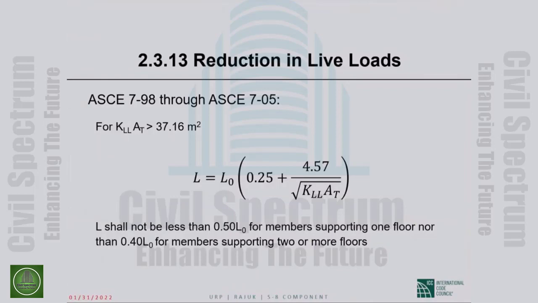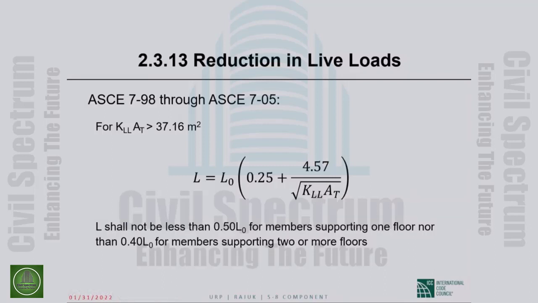So in the next edition, ASCE 7-98, which hasn't changed since, so this is what you have in BNBC, the formula didn't change, but the influence area was expressed as a constant times the tributary area, which everybody understood. Okay.